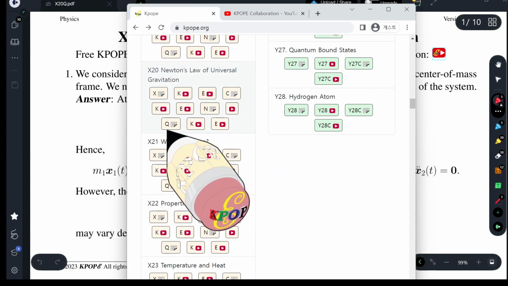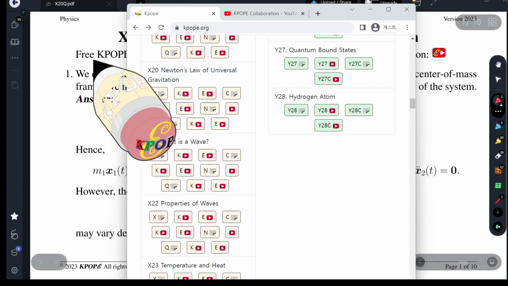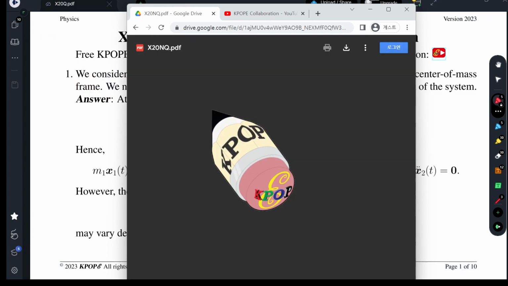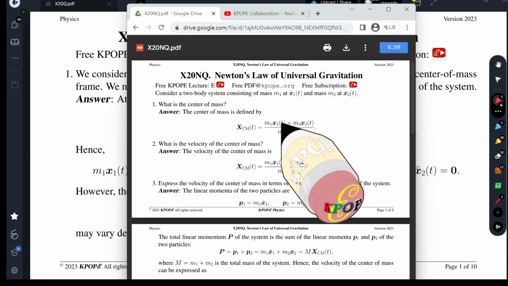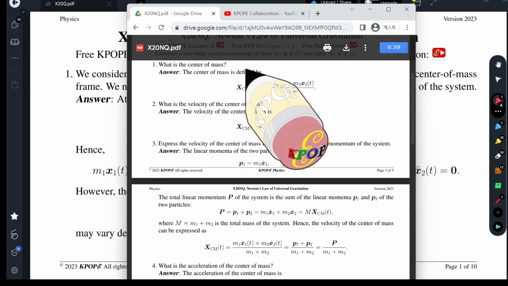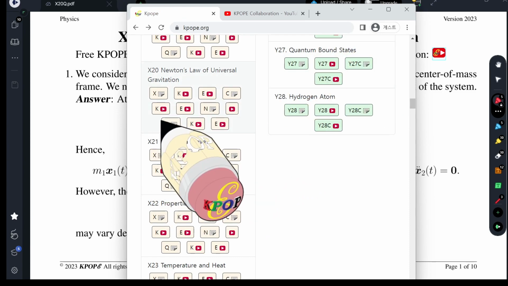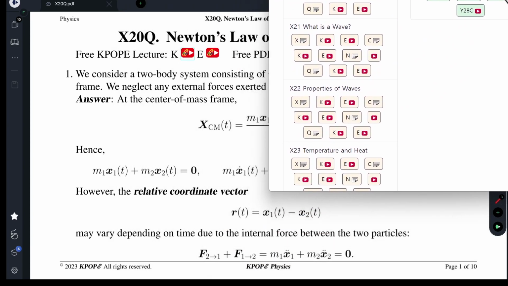And then to attack the problems contained in X20Q, it's better to review X20NQ. Now we are ready to start X20Q.